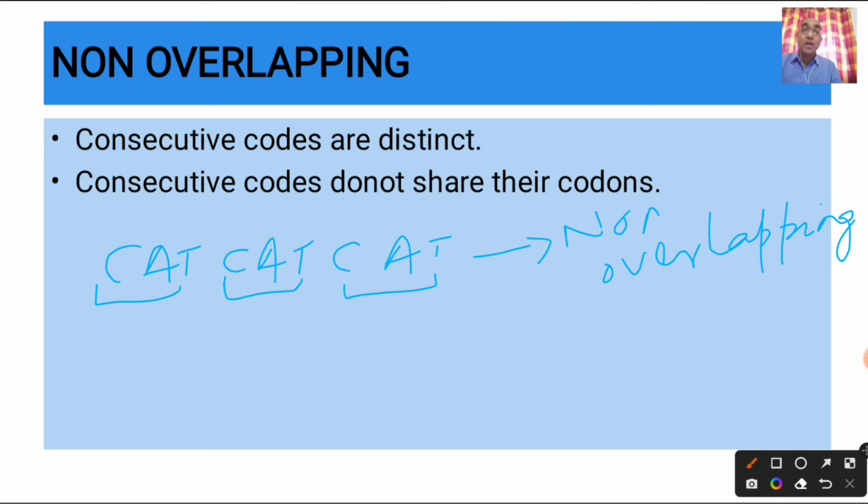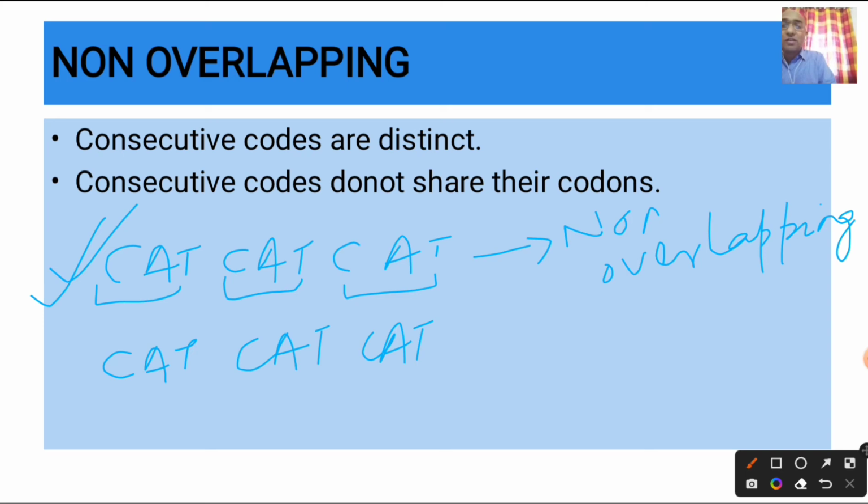Got it? But had it been an overlapping one, how would you have read it? In this way: CAT, CAT, CAT. So this is the right one, that is non-overlapping.